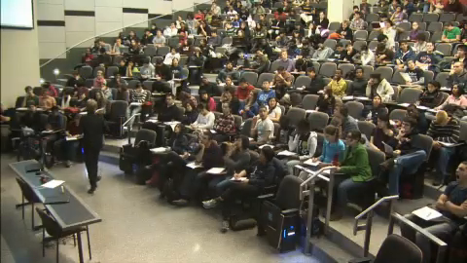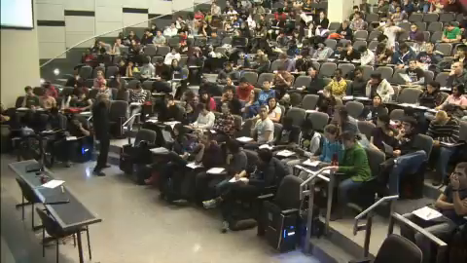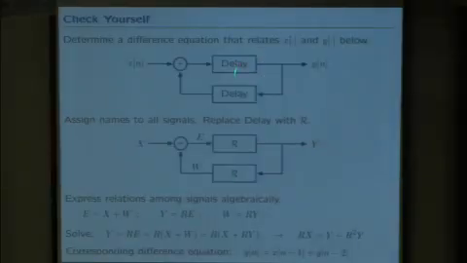So convert it to operators. How do you convert a block diagram to operators? Replace the delays by R. Label all the signals. X becomes X. Y becomes Y. I don't have a name for this, so I'll call it E, error. I don't have a name for this, so I'll call it W, who knows.